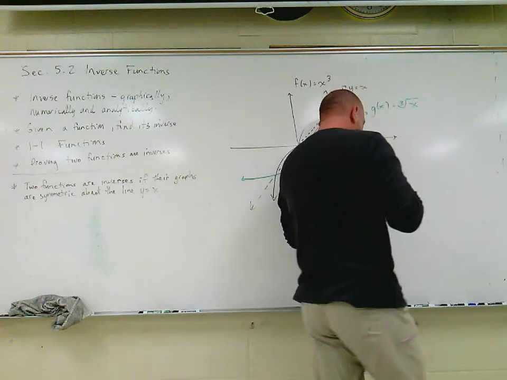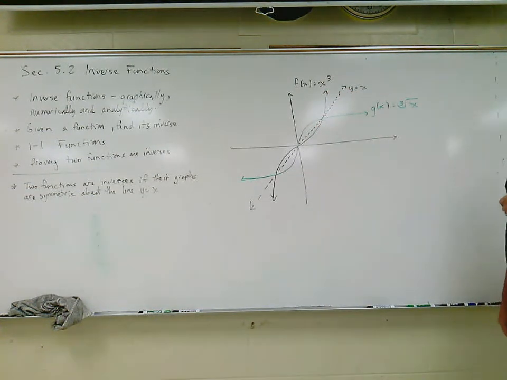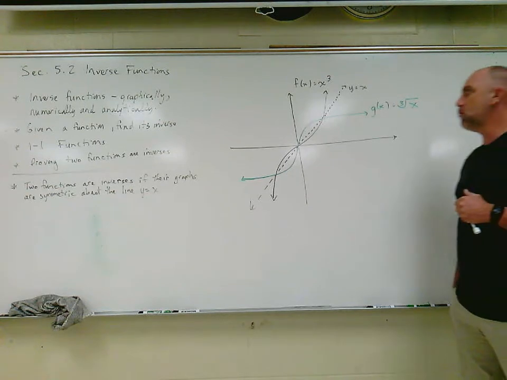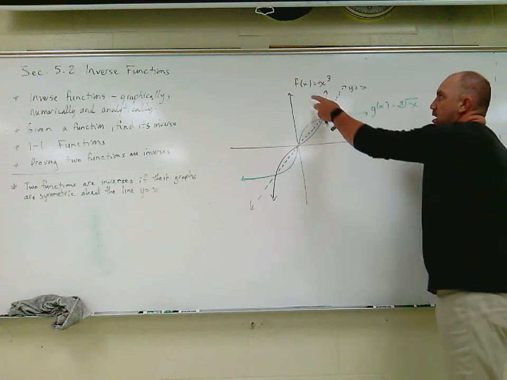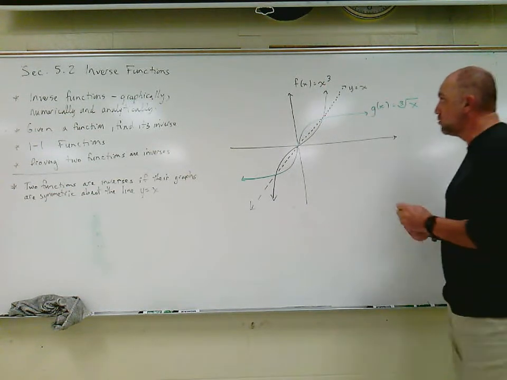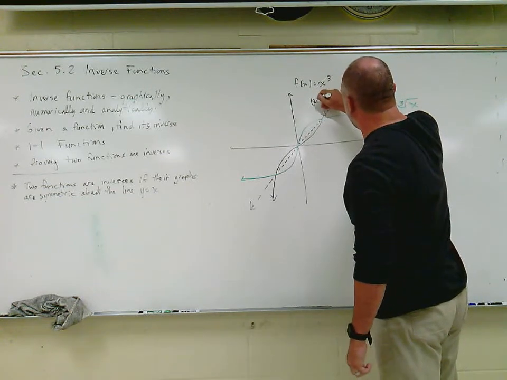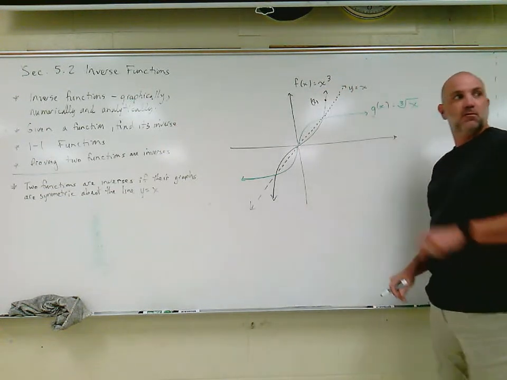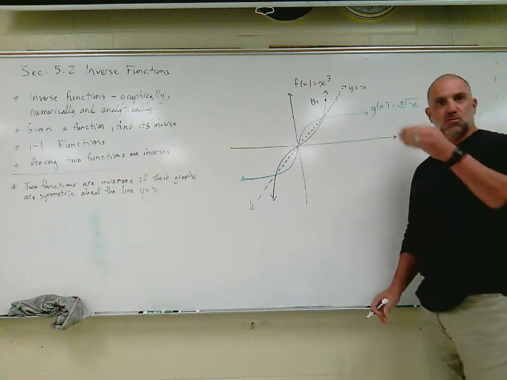So on the x cubed graph, if I want points on the x cubed graph, when I pick my x and I plug it in, I cube it, I should get my y. So when x is 2, what should be the y on this graph? 2 what? 8. 2 cubed is 8, 2 times 2 times 2.